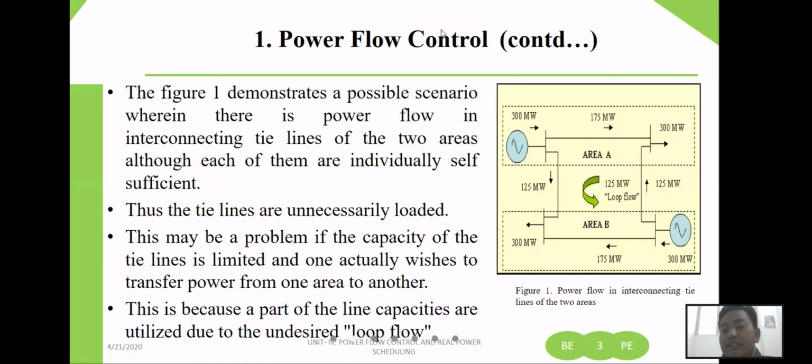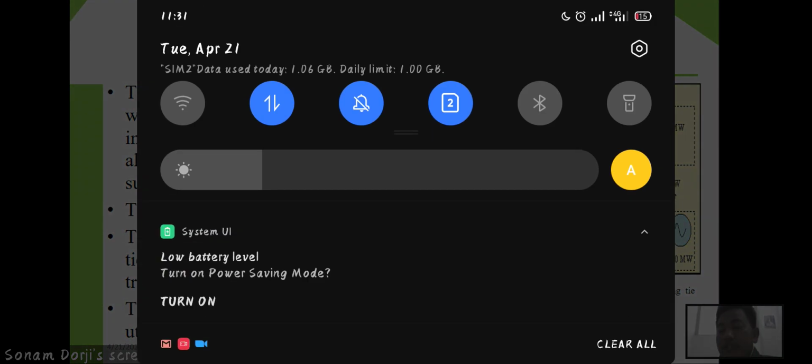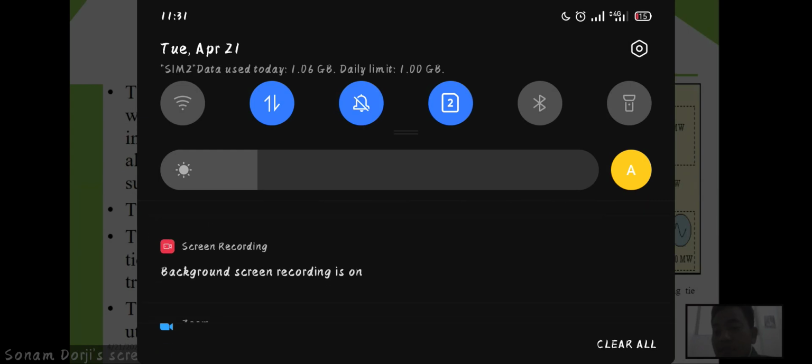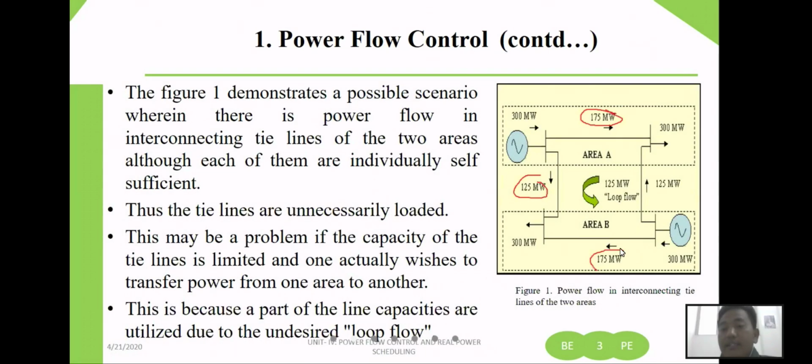So now I can change this 125 megawatt in this tie line. Let's see, in the first tie line you may give 120 megawatt, and then here you try to increase to 130 megawatt, and then you change this power also. You can change this just by changing the generation here.